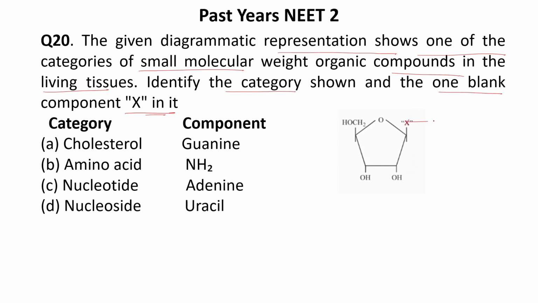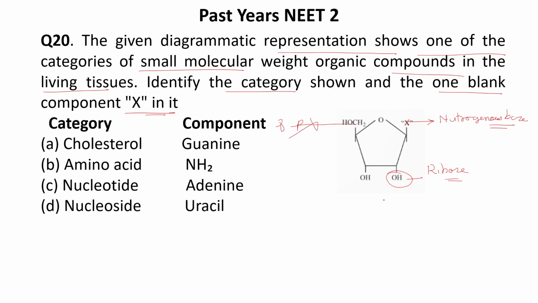X is in the place of a nitrogenous base. And here you can see a hydroxyl group is attached, so this is a ribose sugar. No phosphate group is attached here.